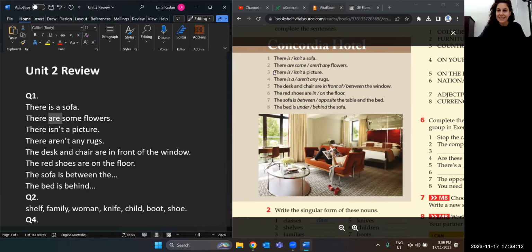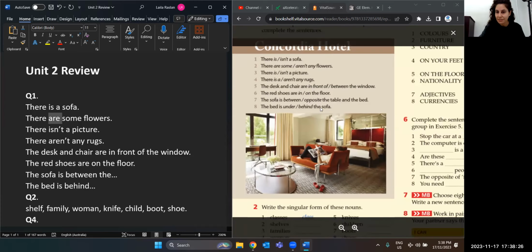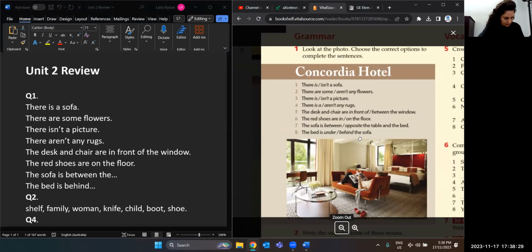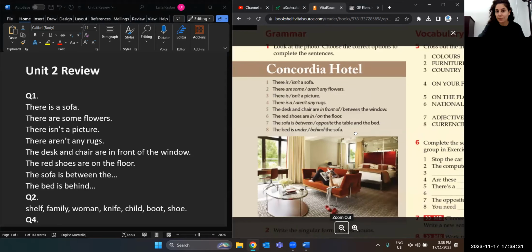Number 3, there a picture. There isn't a picture, yes. So we made it a negative. So it's singular, one picture, but we're saying a negative. There isn't a picture. Because I cannot see a picture in the photo, in the room.